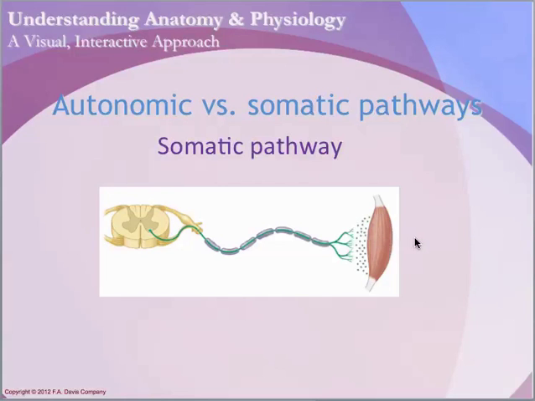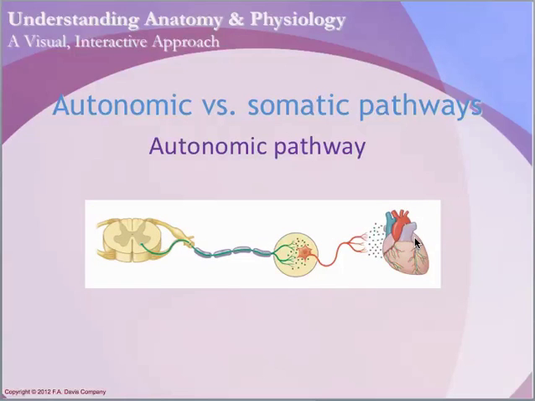In the autonomic pathway, what happens is we have a myelinated preganglionic neuron extending from the brainstem or spinal cord to a ganglion. So here it is. Very similar looking, okay? This is a preganglionic neuron because here's the ganglion. So here you see there are actually two different neurons, versus the somatic pathway where there's only one.